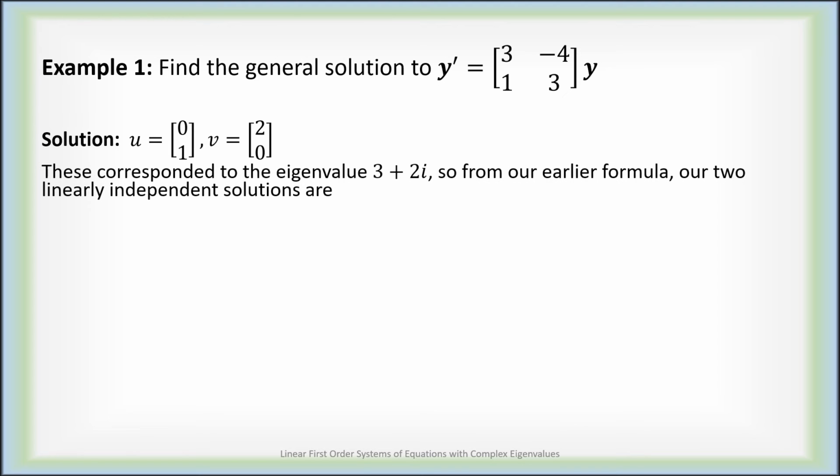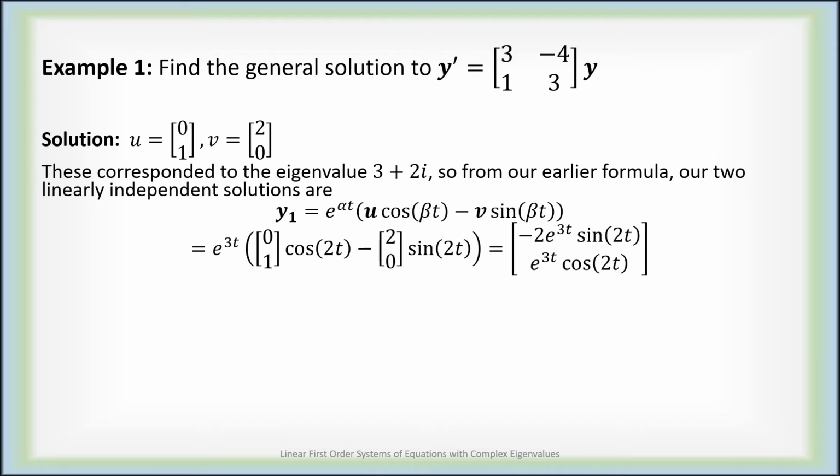They corresponded to the eigenvalue 3 plus 2i, so if I apply all of that information to the earlier formula, our solutions are of the form y1 equals e to the alpha t times u cosine beta t minus v sine beta t, which corresponds to, well, alpha is 3, so we get e to the 3t, u was 0, 1, there it is, and beta is 2.